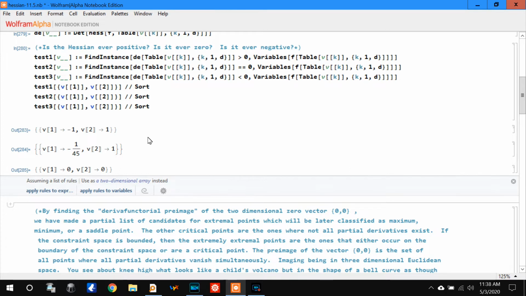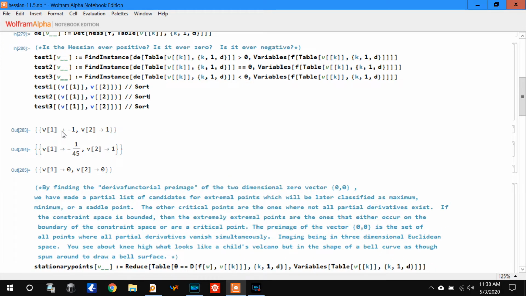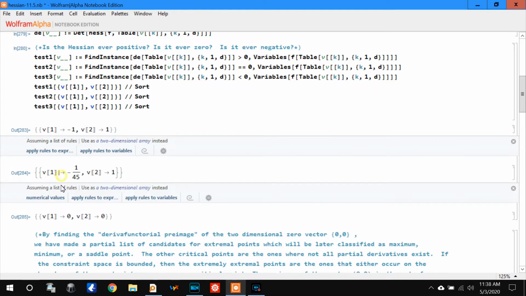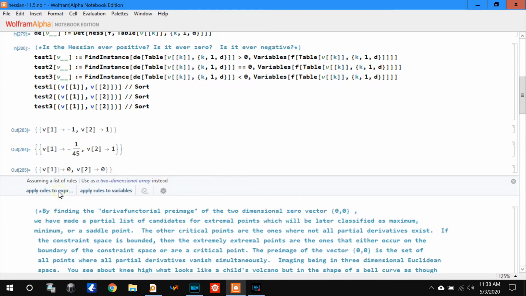So all three queries found 1 point each for each question. The first question was, when is the determinant positive? When is the determinant equal to zero? And when is the determinant less than zero? There are points in each of these three categories, which means none of these queries ended up with no points.